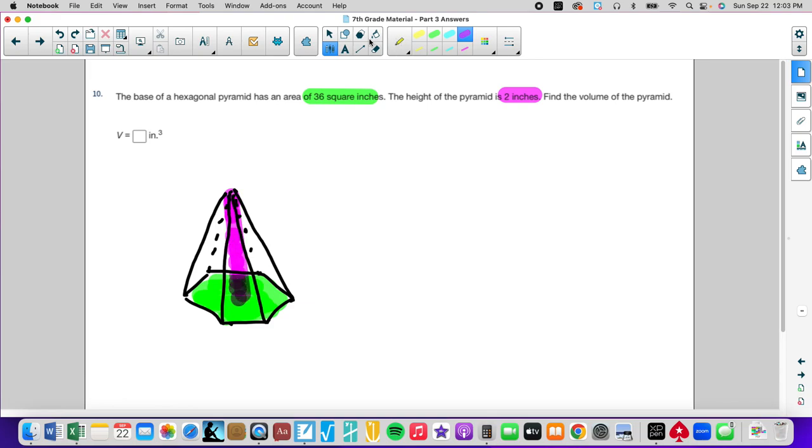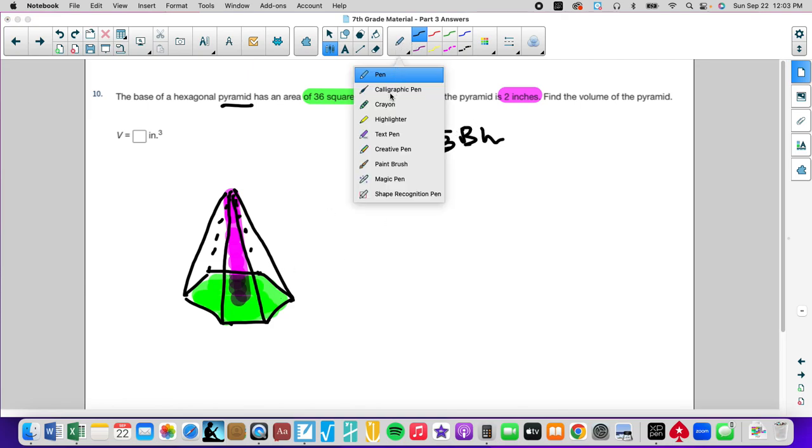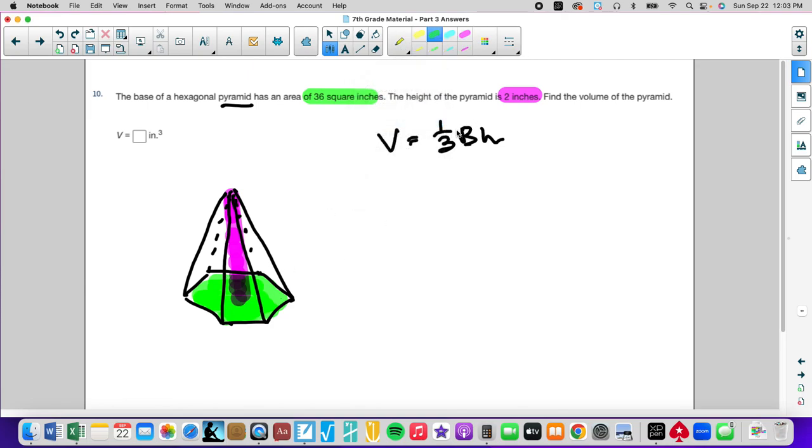So that's really important that we understand the difference. Now, also, volume of pyramids is going to be 1/3 big B times H. Big B still stands for the base area, the green part, but we have to take 1/3 of that measure.